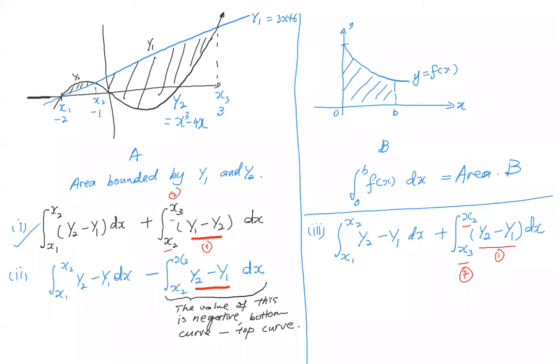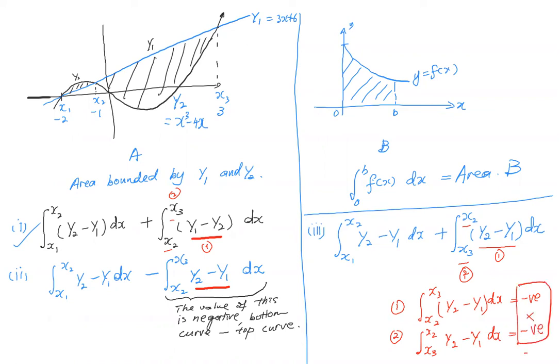So the first one, if I integrate from x2 to x3, I take y2 minus y1 dx, I get a negative value. So the second one, if I exchange the limits, the top one put to the bottom and the bottom one put to the top, I will get a negative value also. So negative times negative, what do I get? Positive.